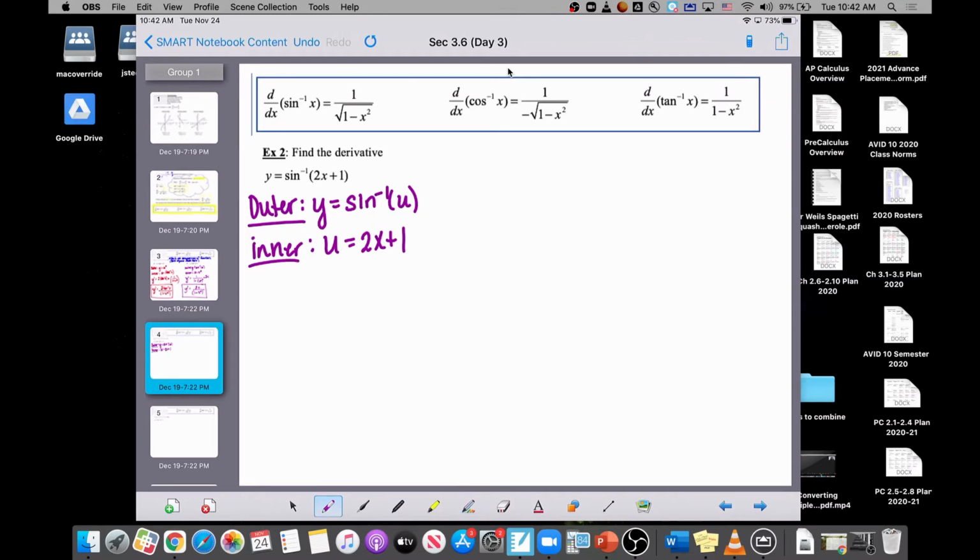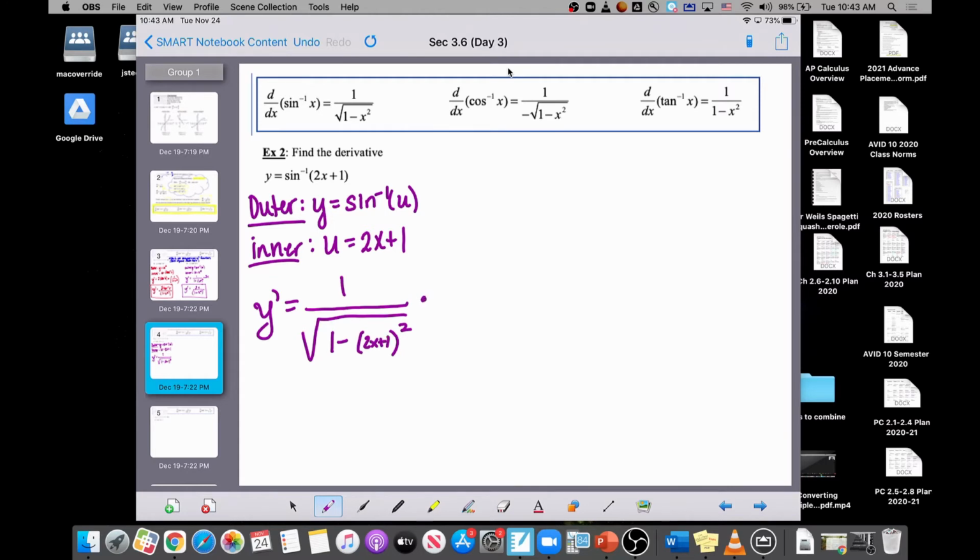So my y prime is going to be equal to, first, the derivative of the outer function, which is inverse sine. And I know the derivative of inverse sine is 1 over the square root of 1 minus, and then whatever my inner function is squared, right? Because it's the derivative of the outer at the inner. And my inner function is the 2x plus 1.